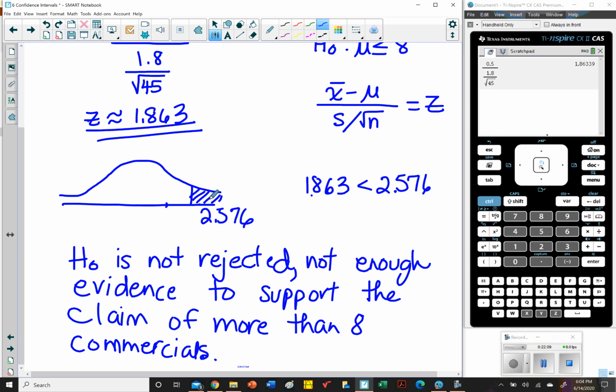It's got to fall within this range to reject the null hypothesis.